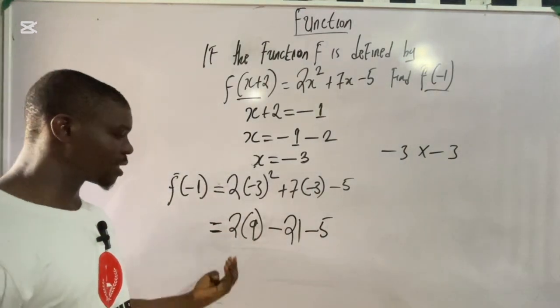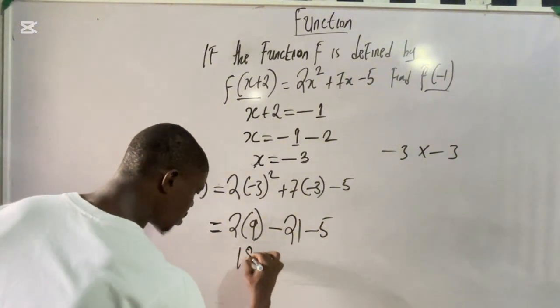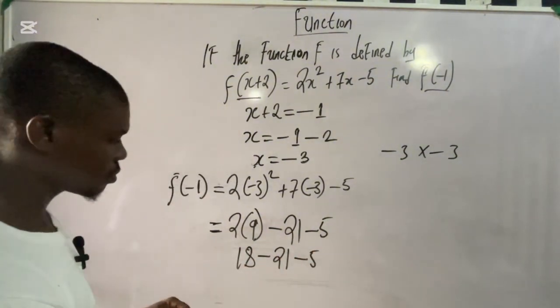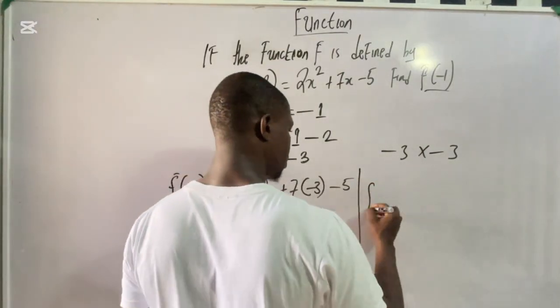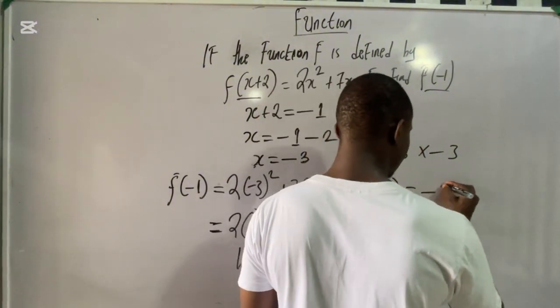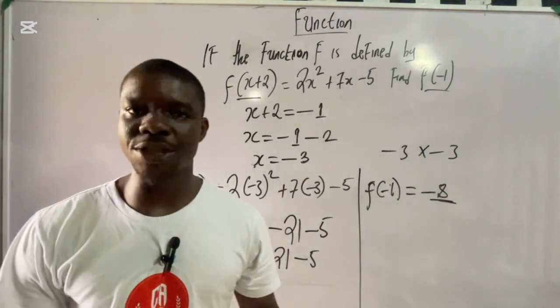So 2 times 9 is 18, minus 21, minus 5. The answer here is −8. So −8 is the answer.